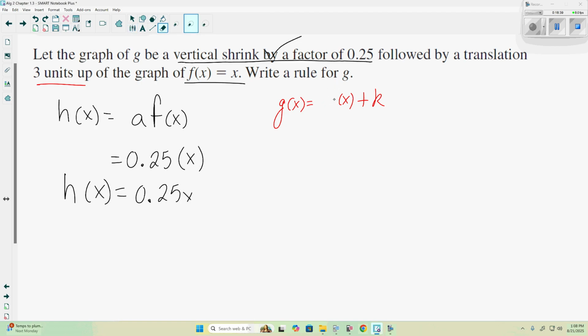So here we're not applying it to f of x, we're applying it to h of x because we're wanting to transform this function up 3. So in the general forms, we used f as just a general form because that's just standard form. We use f each time. No, what is the function we're applying it to? We're applying it to h of x. And since we're moving it up 3, it means we're going to have plus 3. What's h of x?